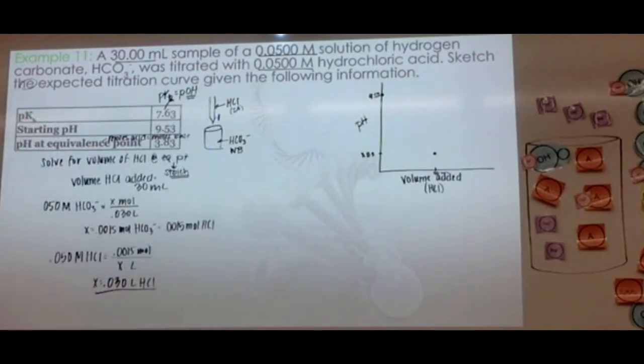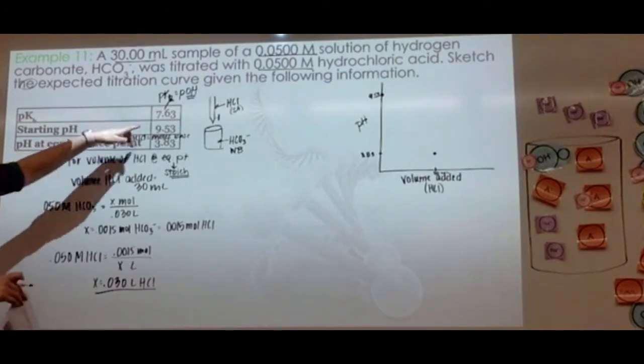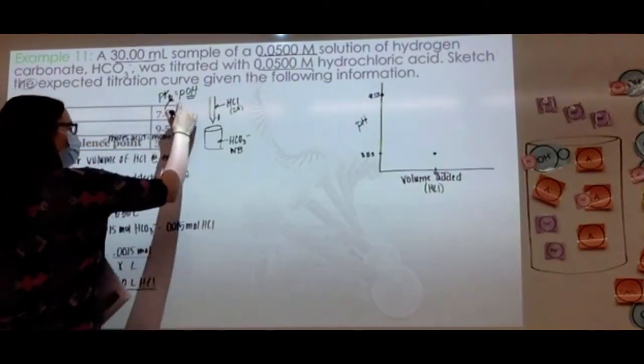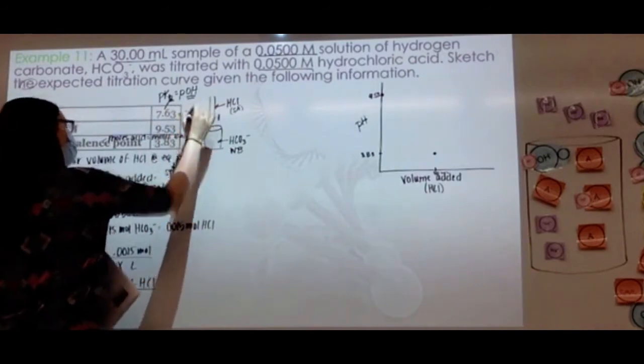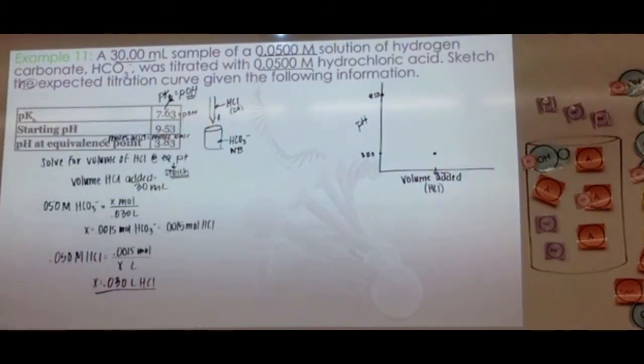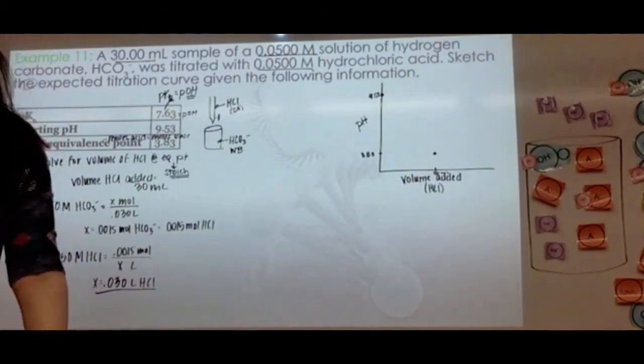At the half equivalence point of a weak base titration, pKb equals pOH. Well, if this is pOH, how do I figure out pH at the half equivalence point? Subtract it from 14.